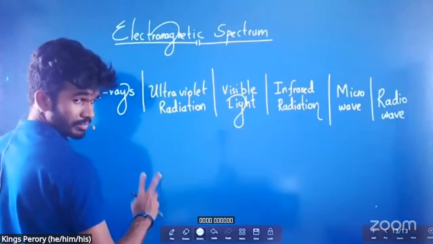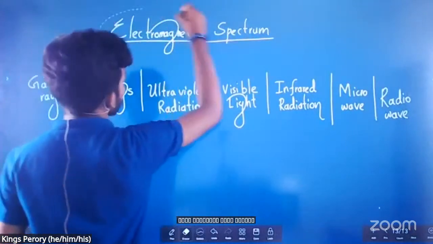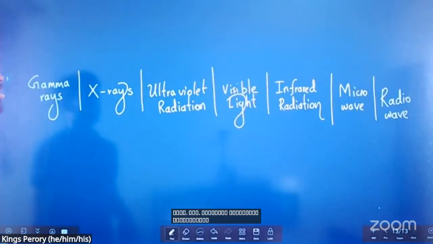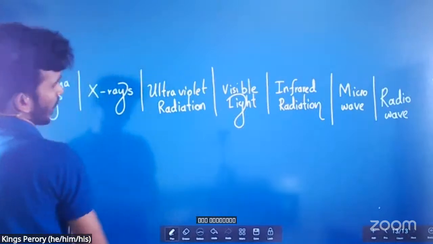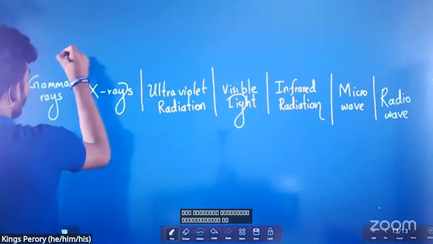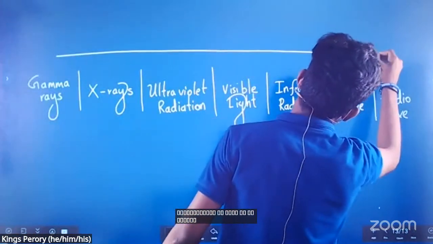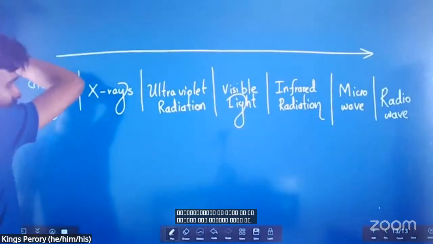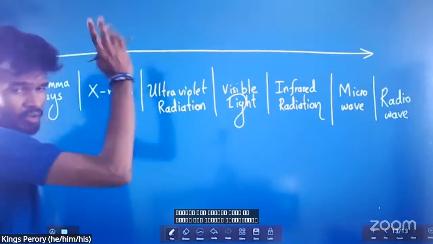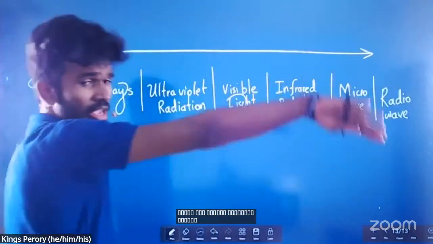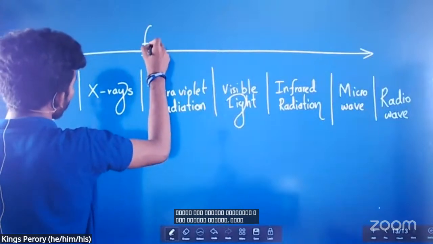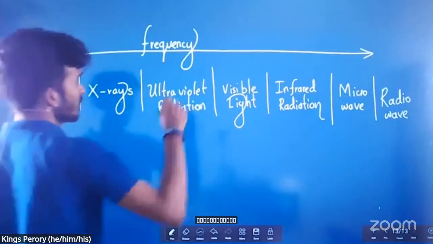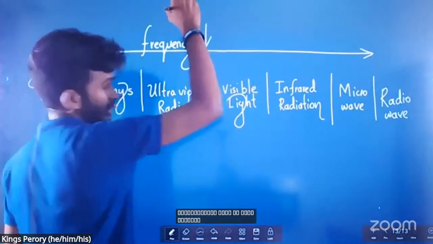Now listen very carefully. This is the electromagnetic spectrum. In the electromagnetic spectrum, if you go from gamma rays to radio wave, gamma, X-ray, UV, visible, IR, micro, radio, the frequency of the waves will decrease.